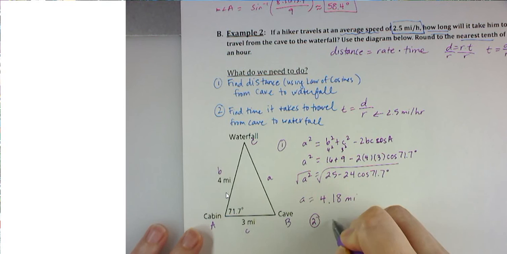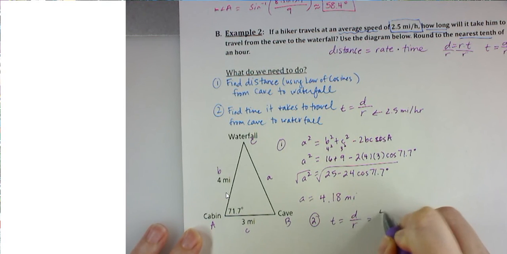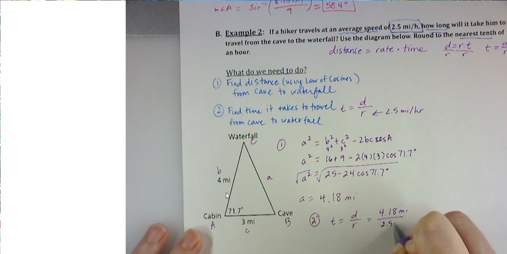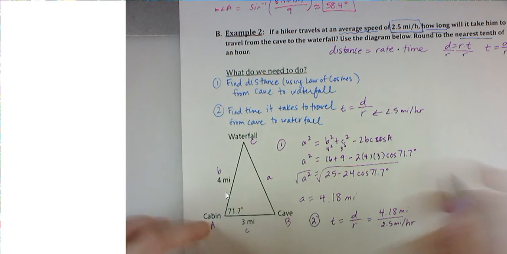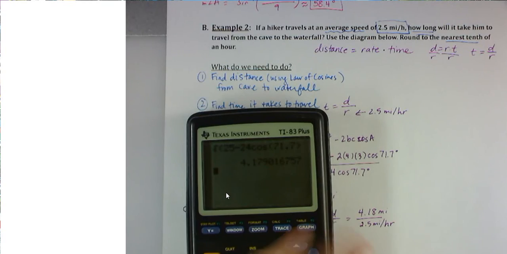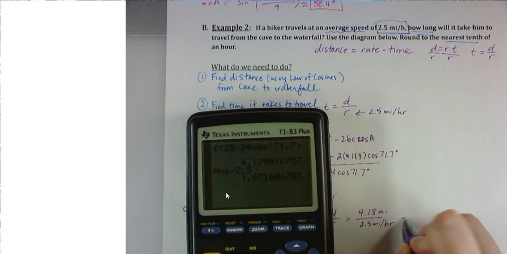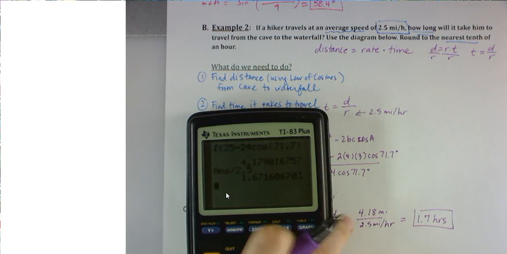If you can just leave this in your calculator to get the most exact answer possible, and then divide, this is 1.67, so that'll be about 1.7 hours would be the time. Even if you did the 4.18, you should still get the same rounded answer, the 1.7 hours. All right, good job. And then there's one more page for Heron's formula.